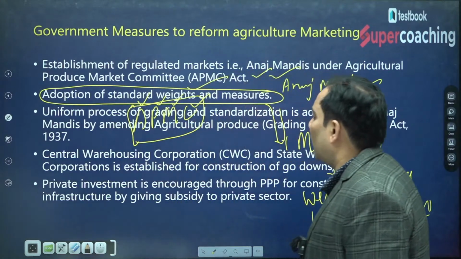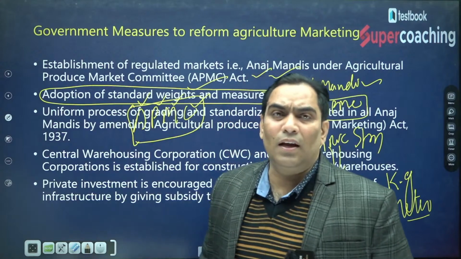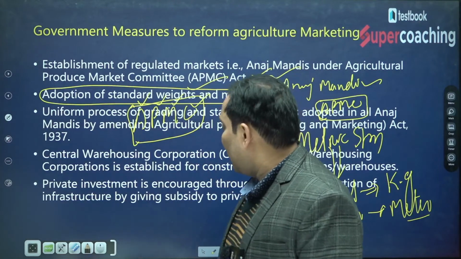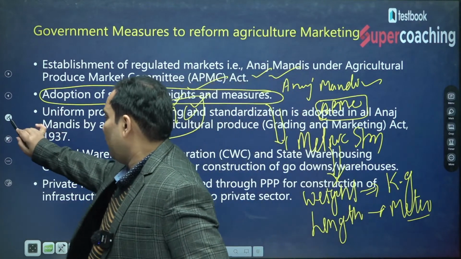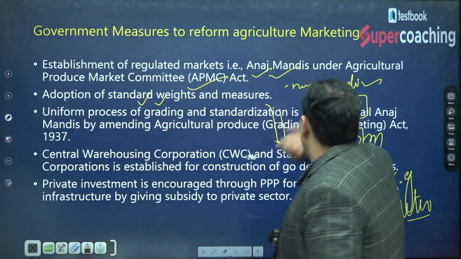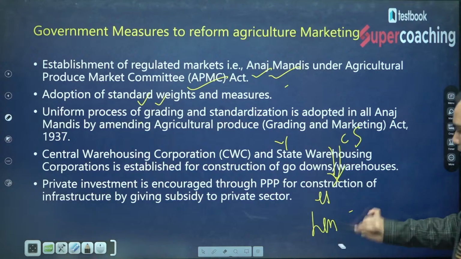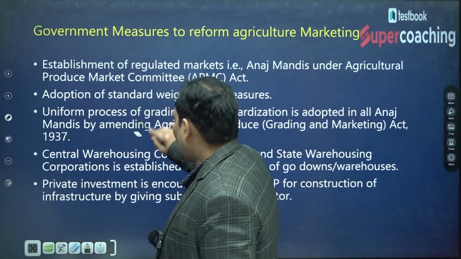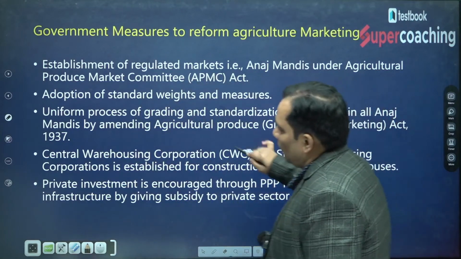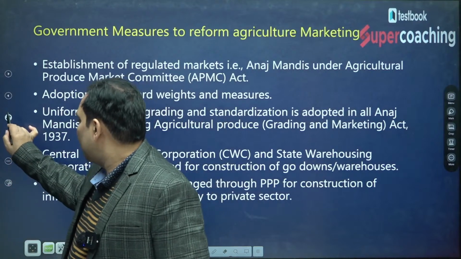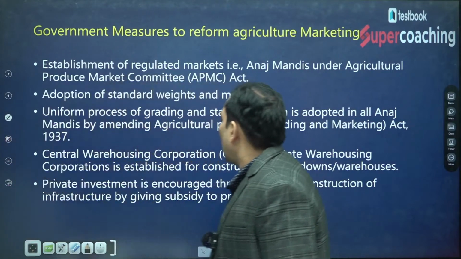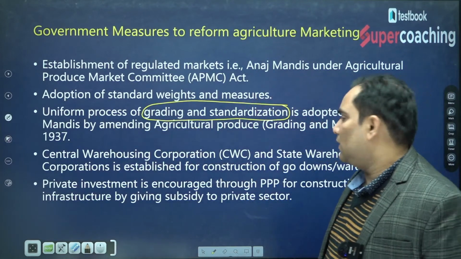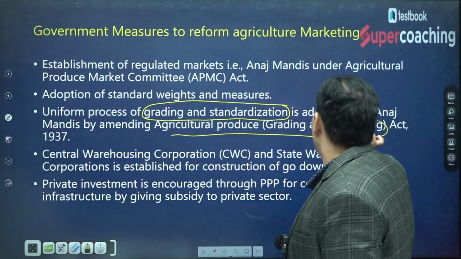Next, what reform have we taken? That means for the grading system as well. Okay, grading and standardization of agriculture produce. For grading and standardization, in the anaj mandis, the Agriculture Produce Grading and Marketing Act was amended.